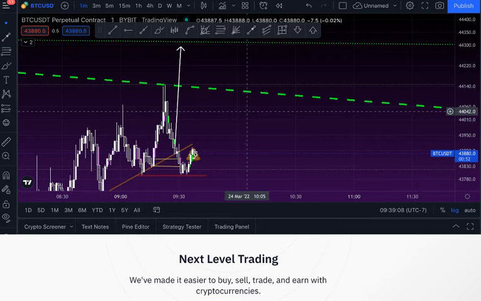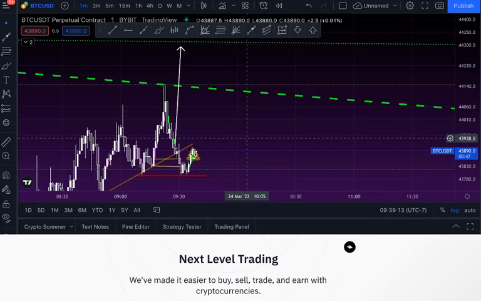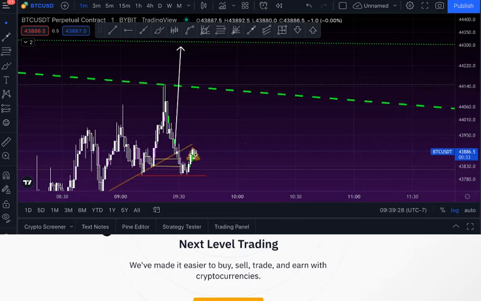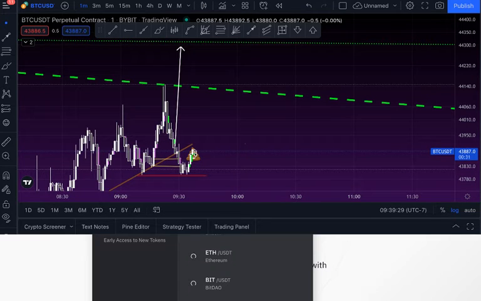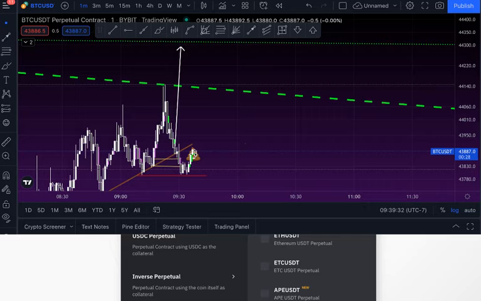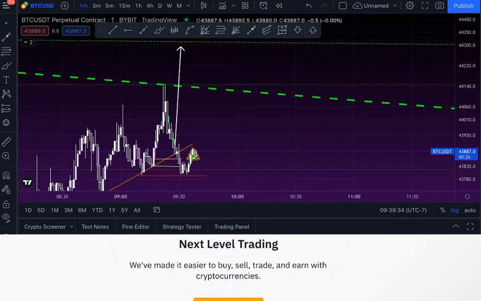Sometimes the trades just change as you go. Looks like Bybit's working again. Still down like 1.5%, 2.5% now.